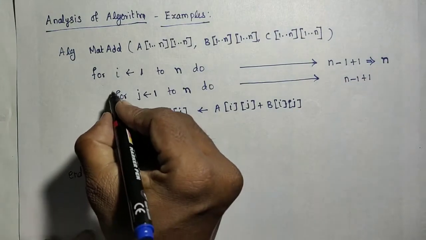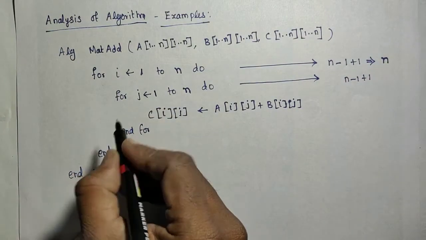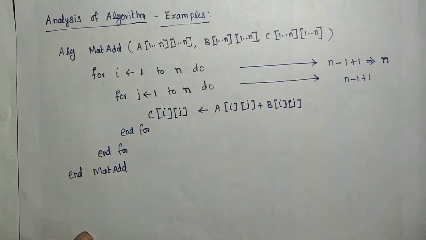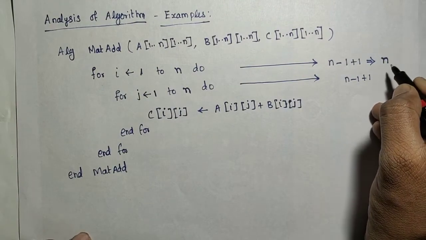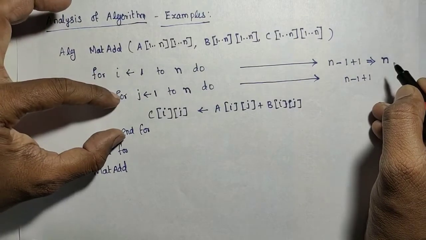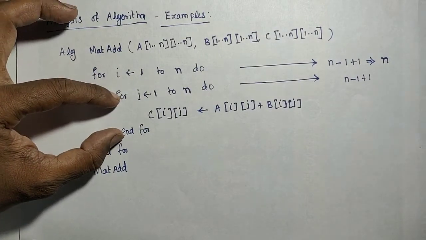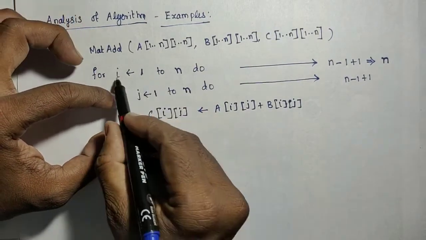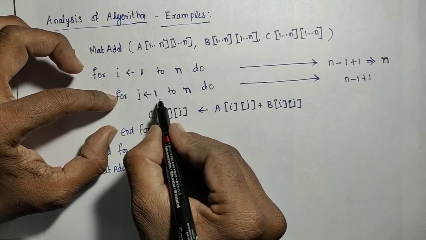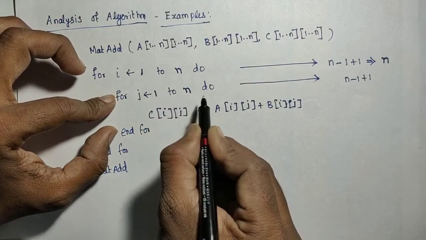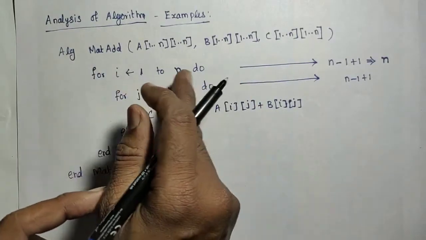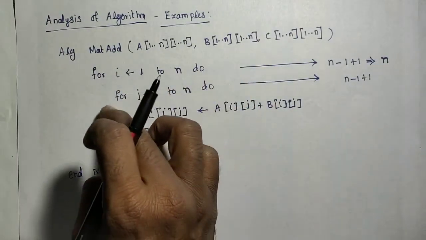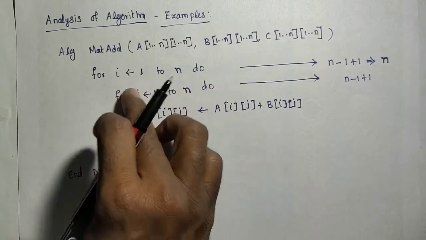But this j for loop itself is going to be executed n times, because for i equal to 1, that loop will get executed completely, 1 to n. For i equal to 2, again the loop will be executed for j equal to 1 to n. Then i equal to 3, 4, 5, up to i equal to n, that many times that loop will get executed.